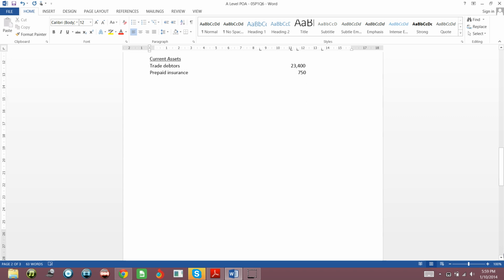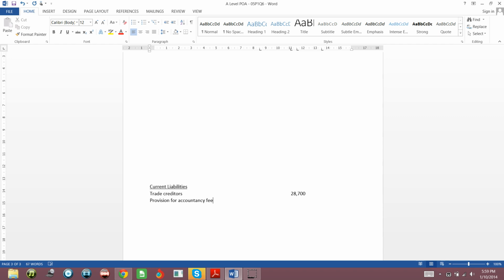If I provide for it, it means I owe the accountancy fee, so is it in the same category as trade debtors? I put here provision for accountancy fee, $2,000.